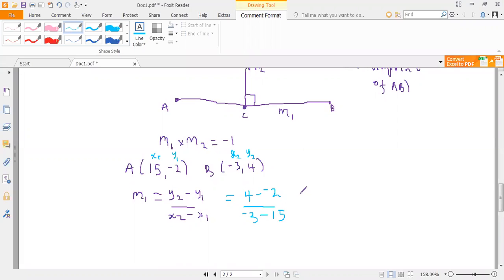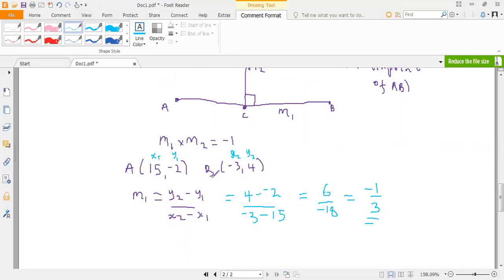If we calculate this, 4 minus -2 is 6, the same as 4 plus 2, which is 6, and -3 minus 15 gives us -18. So if we reduce this, we have 6 divided by -18, which is -1/3. So the gradient of the line AB is equivalent to -1/3.